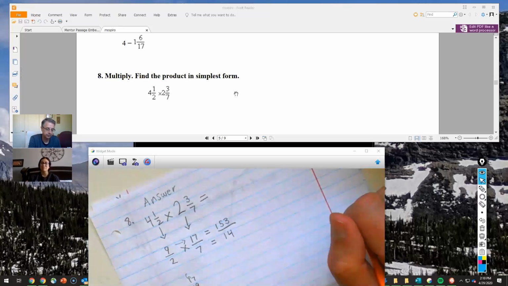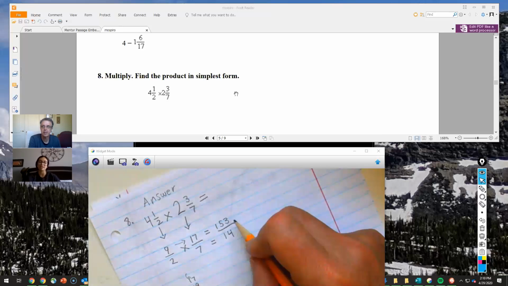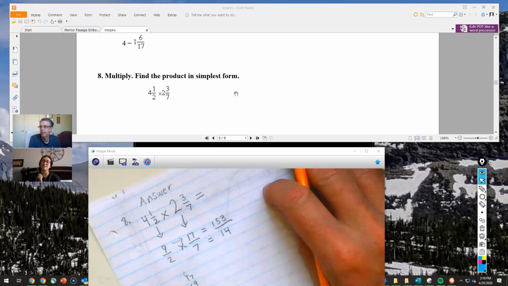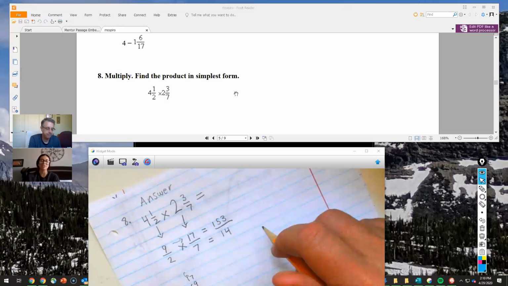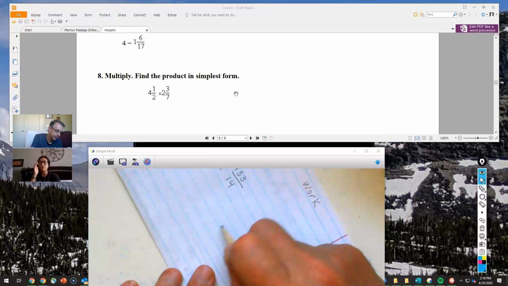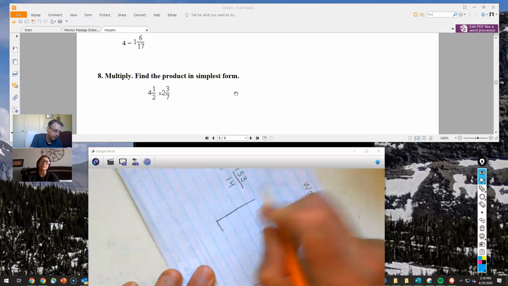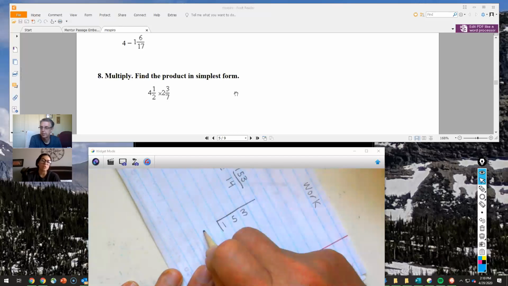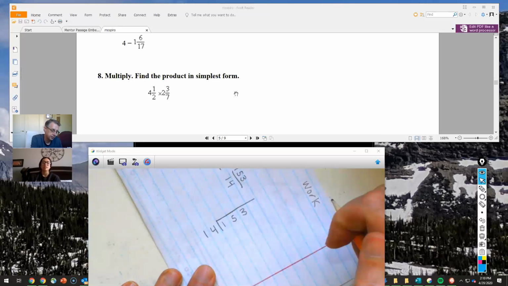But that number can be simplified. It's not in simplest form, because remember, the question says find the product in simplest form. So we're going to divide our 153 by our 14.